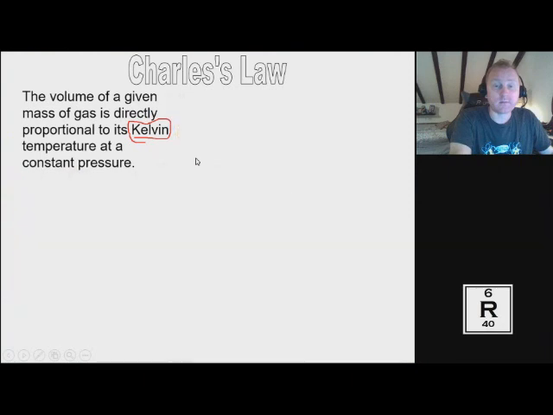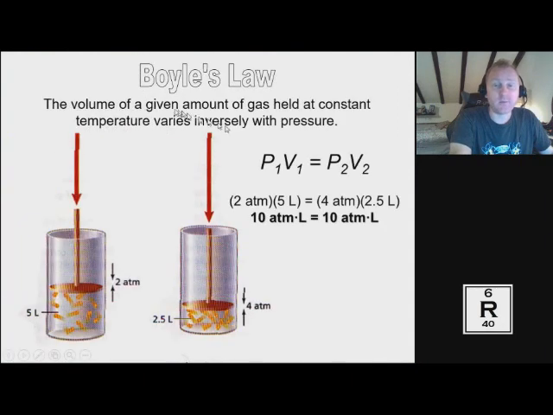I would say, to help you remember, they all have one thing constant. In Boyle's law, what's constant is temperature. Notice there's no temperature here. For me, I remember Boyle's law because I think of boiling water, I think of very hot water, and I think of temperature.